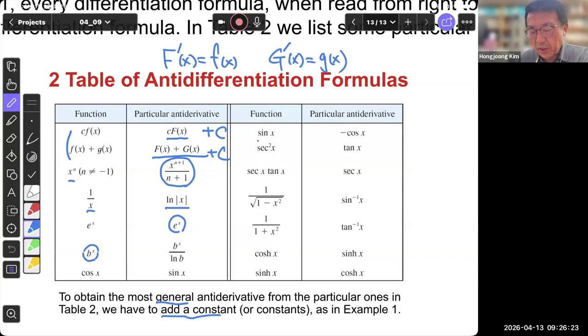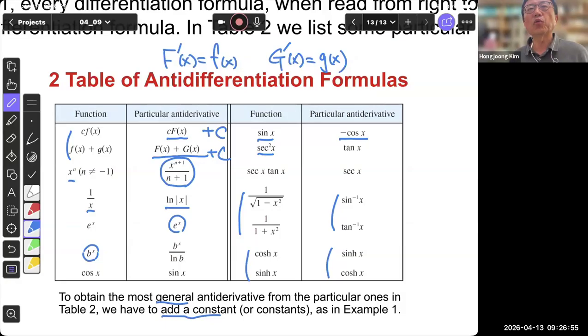In the case of sine, you need to differentiate negative cosine. To get secant squared, you need to differentiate tangent. If you differentiate secant x, you get secant x times tangent x. Or if you differentiate these hyperbolic functions, you get these, and so on. These are some simple examples of antiderivatives.